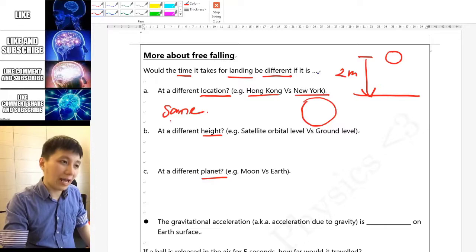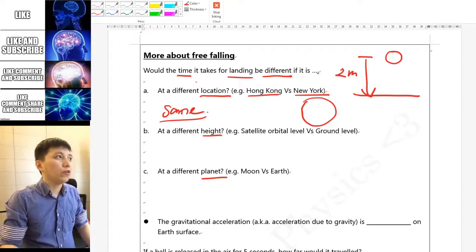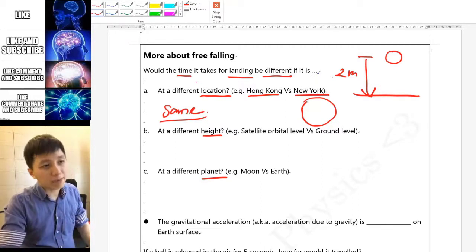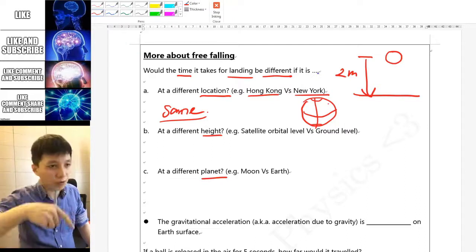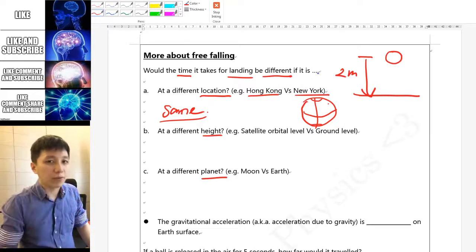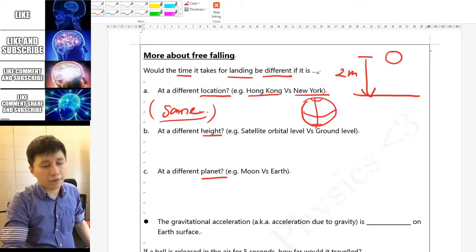So the answer is the same, but not exactly the same. If you go to study IB physics, then you get to learn more about this. In fact, it's a bit different when you are at the equator or at the two poles, North Pole or South Pole. It's slightly different, but then it's not very noticeable. So in IGCSE, you can take it as the same for now.